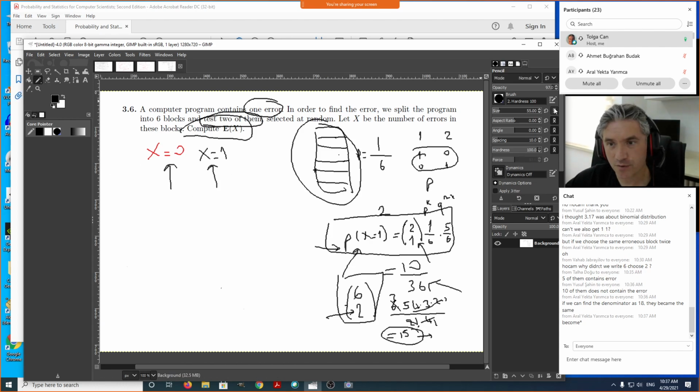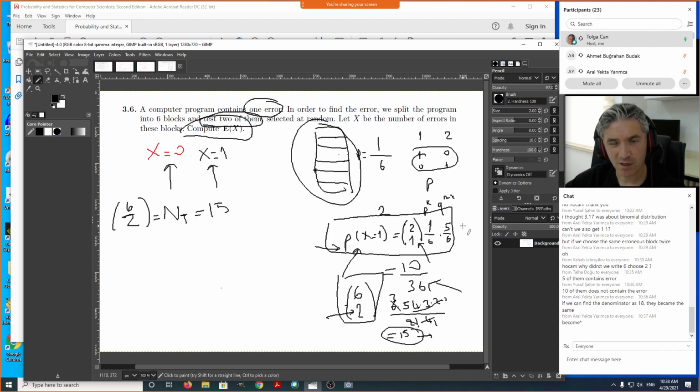Let's come back to the 6 blocks. And the possible ways to choose out of these 6 blocks is 6 to choose 2. So this is the total number of possible cases, which is 15. Maybe I did something wrong here, but this is exactly using the binomial case.